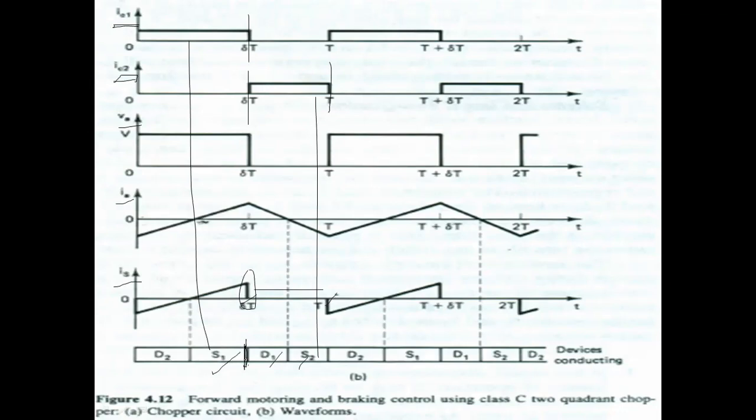When S1 is off and the current is flowing through D1, there exists a freewheeling interval. It will happen in the interval delta T to capital T.